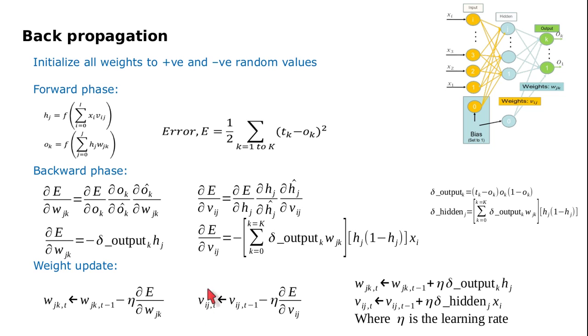The new value of Vij is equal to the old value of Vij minus learning rate times partial derivative of the error with respect to Vij. And the partial derivative of the error with respect to wjk is defined in the following way, and this is the result. The partial derivative of the error with respect to Vij is obtained like this. And the final result is this. This is how the weights are updated.